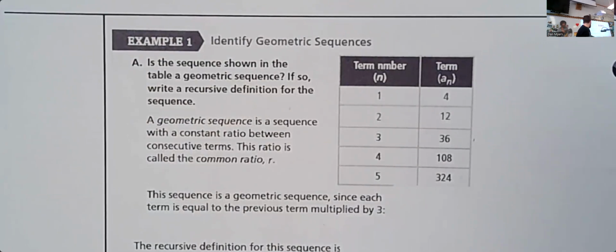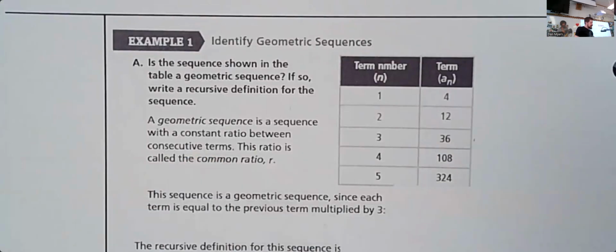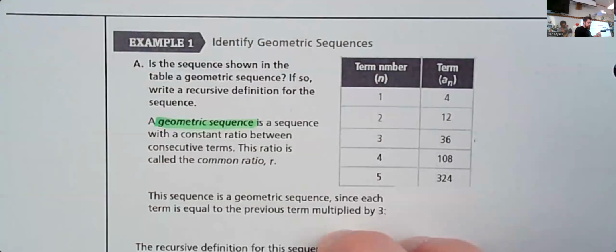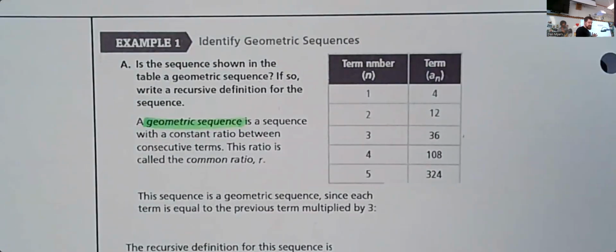A geometric sequence, first of all, here's a definition. A geometric sequence is a sequence with a constant ratio between consecutive terms. This ratio is called the common ratio, which is R, otherwise known as the growth factor. In a geometric sequence, what we've been calling the growth factor previously in an exponential function.